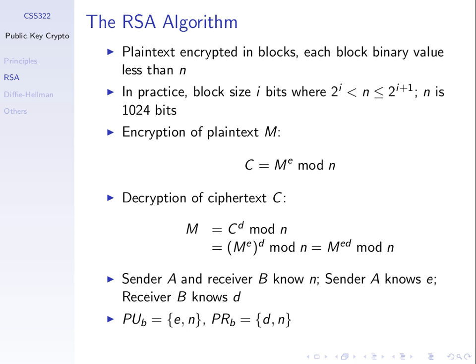Then when we decrypt by raising that C to the power of D mod N, we must get the same plaintext back. If we don't, then the algorithm doesn't work. So let's continue going through why this algorithm works, and finally we'll arrive at the requirements for selecting E, D and N.